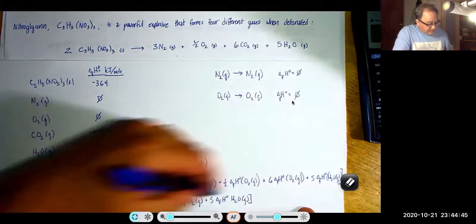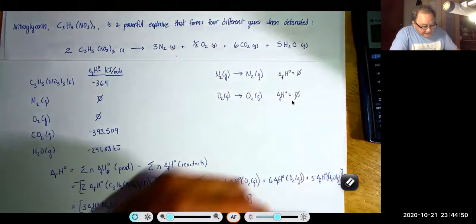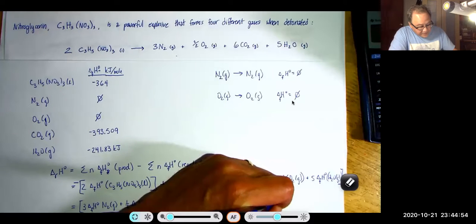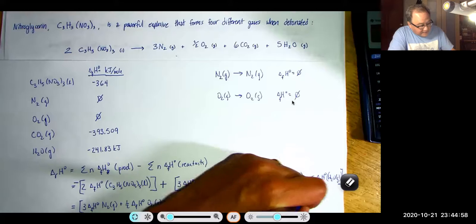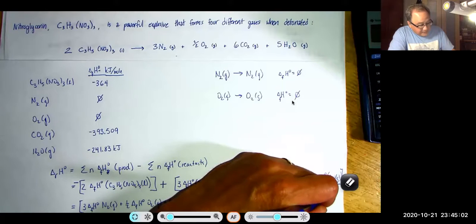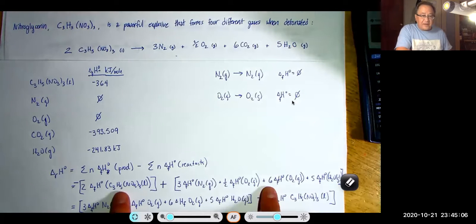So these are the products, and then minus 2 times the enthalpy of formation of my C3H5N3O9 liquid.